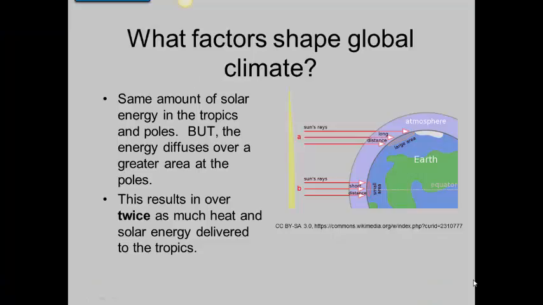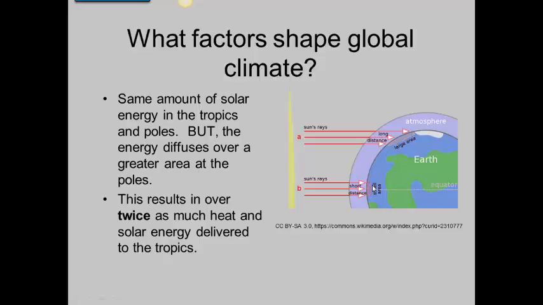Another important factor that drives the distribution of biomes by shaping global climate is the uneven heating of the Earth. As you can see in this diagram, solar radiation that comes to the poles versus the tropics is diffusing over a larger area.